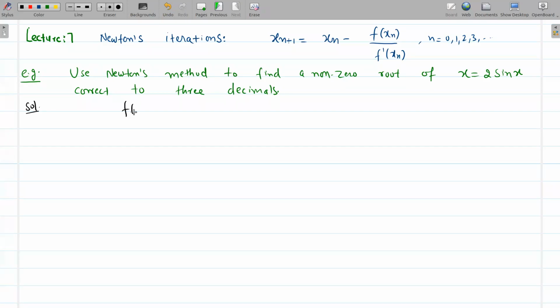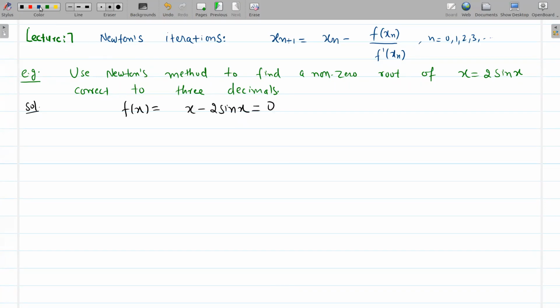So this is my f(x), x minus 2 sin x. You can write x minus 2 sin x, or 2 sin x minus x. You can check that x equal to 0 is a root, as sin 0 is also 0.